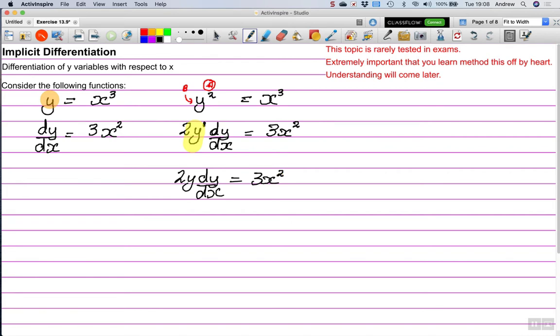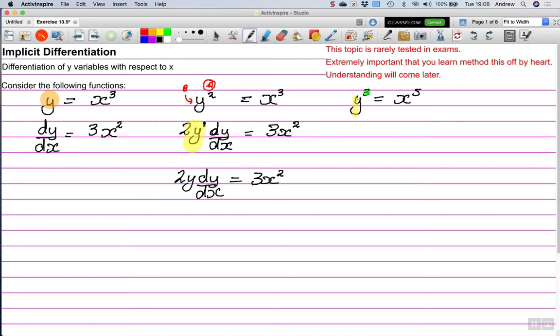Okay, we'll look at the next one, number 3. So y cubed is equal to x to the power of 5. Once again, we're going to look at this chain rule, and the cubed is the priority function, and the y is the secondary function.